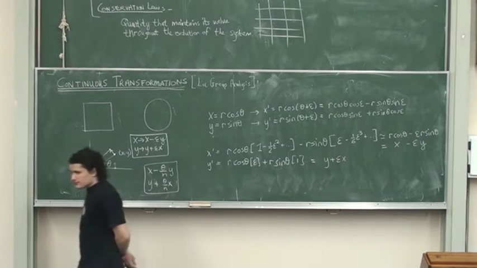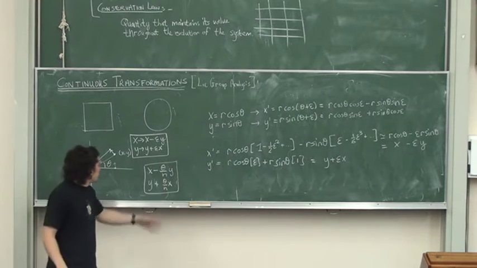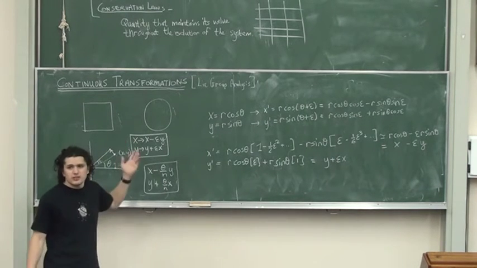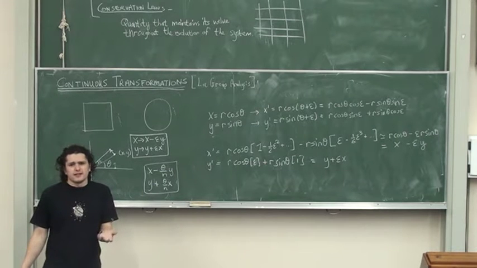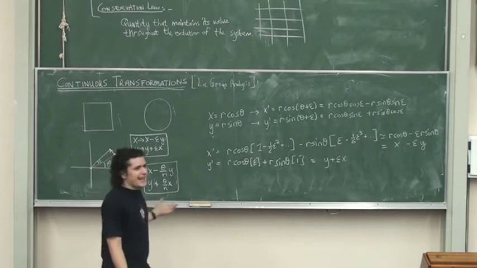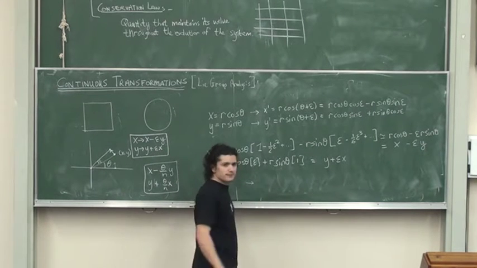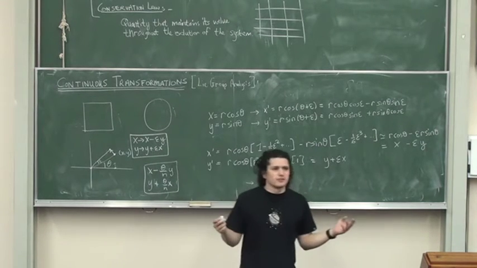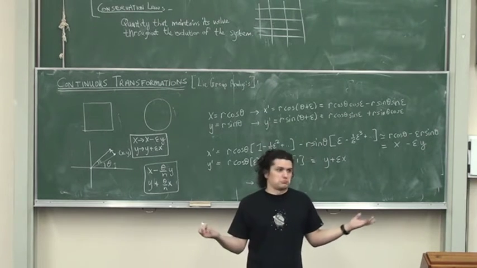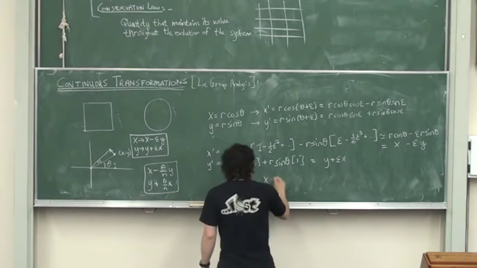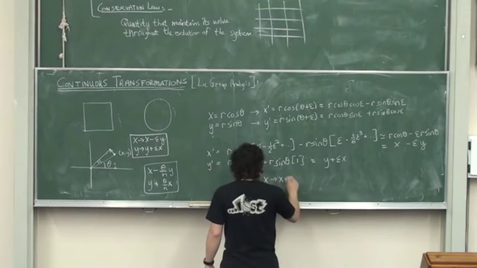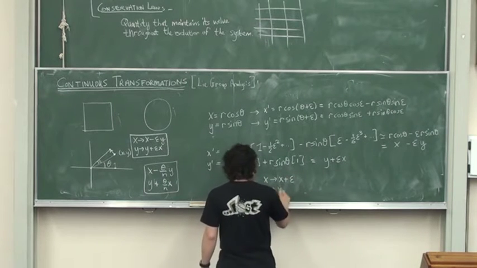Now, there are other operations like translation. Translation is really easy. Let's, for instance, consider x translation. I'm translating in the x direction. What does an infinitesimal x translation look like? Well, x goes to x plus epsilon, and y goes to y.